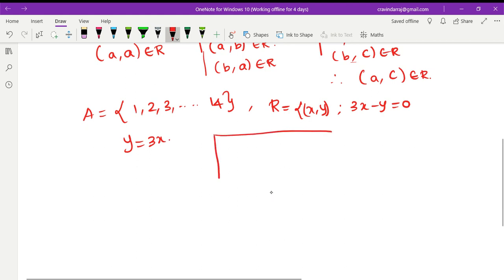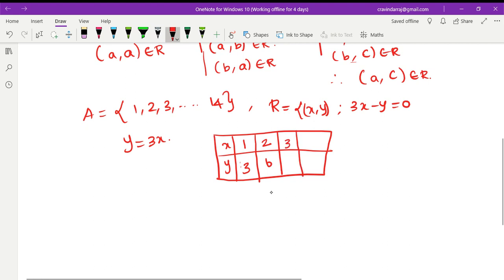Now we can apply the values of x and y. First, x equal to 1 gives y equal to 3. Again, x equal to 2 gives 6. Then x equal to 3 gives y equal to 9.